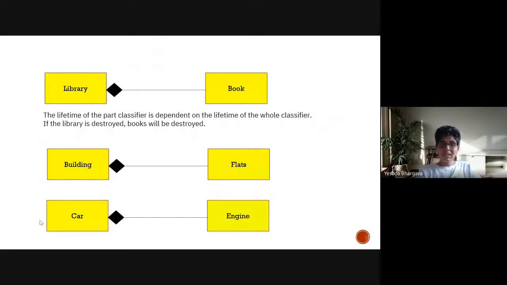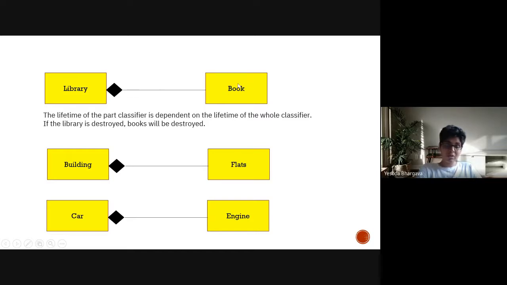So let's take this example. Note the difference between the aggregation relationship depiction and the composition relationship depiction. In aggregation, this diamond was not filled by black color, whereas in composition, this shows that a library will cease to exist if there are no books. So library is a composition of books.